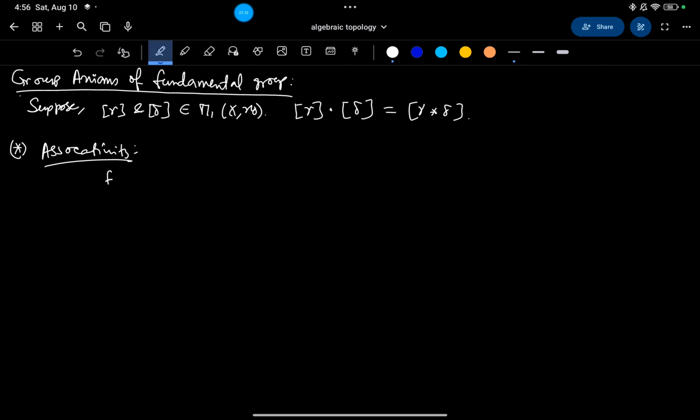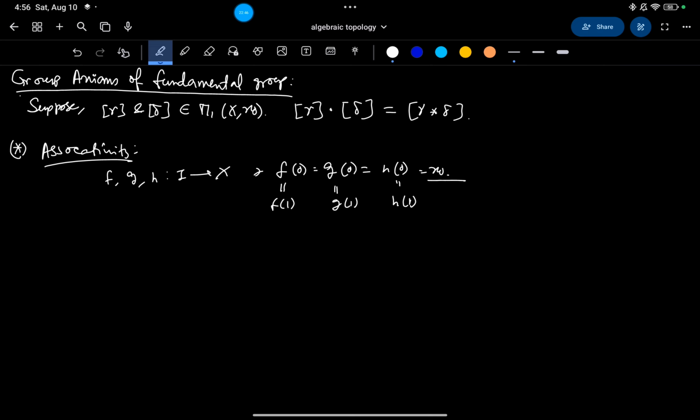Let us consider that G and H are both maps from I to X, such that f of 0, g of 0, h of 0 is the same as f of 1, g of 1, h of 1, which is x naught.